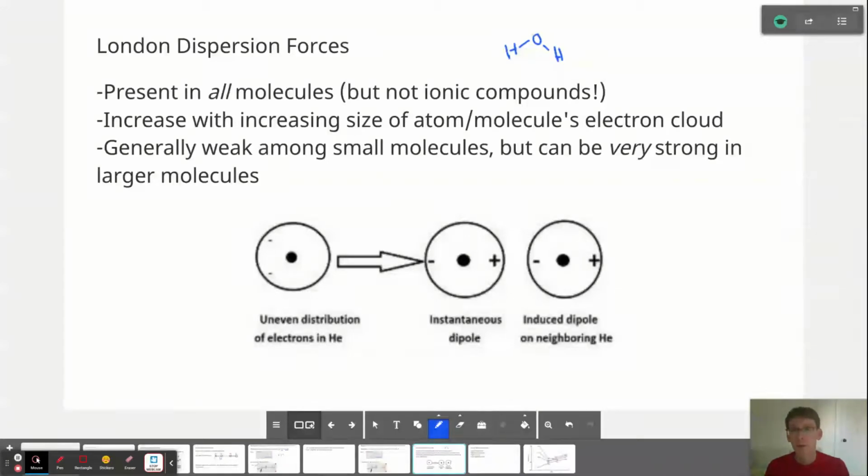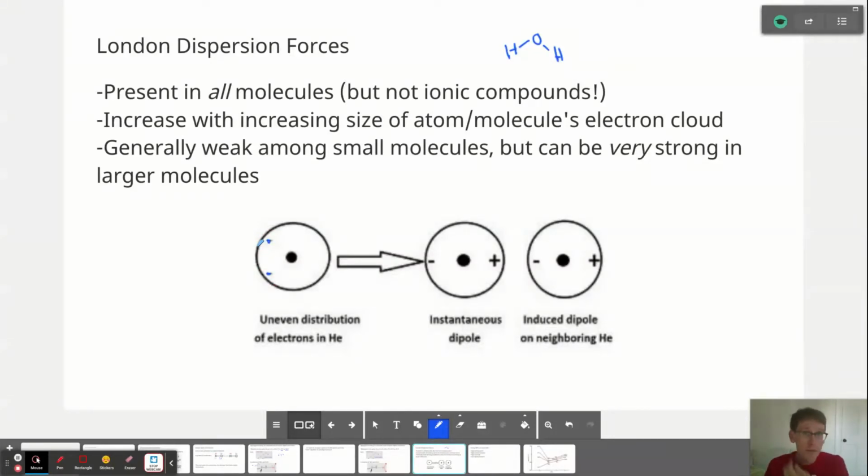And you might be wondering how dispersion forces work. Well, let's consider a helium atom. Helium has 2 electrons, so it's easy to think about, easy to work with. There's a nucleus in the middle, and the electrons are floating around randomly, but if we freeze time at one moment, maybe at this particular moment, the 2 electrons are kind of close together.